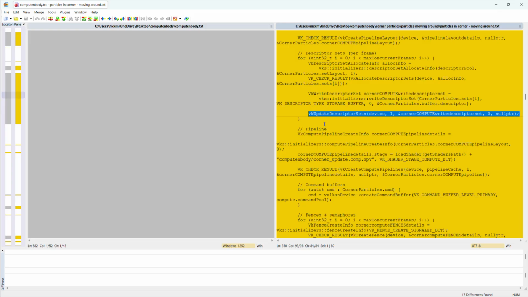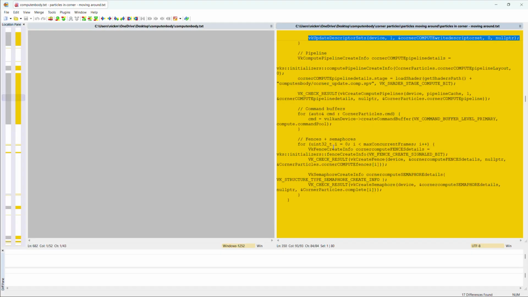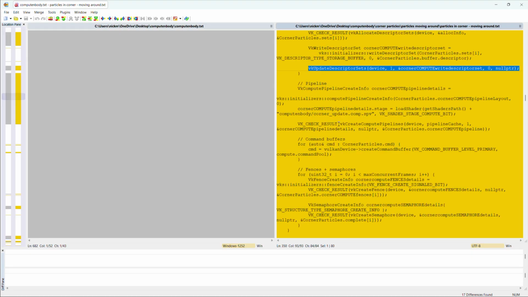And then we actually get to the business of creating the pipeline. So we create the compute pipeline here, right? And we'll get into all of this in another video.